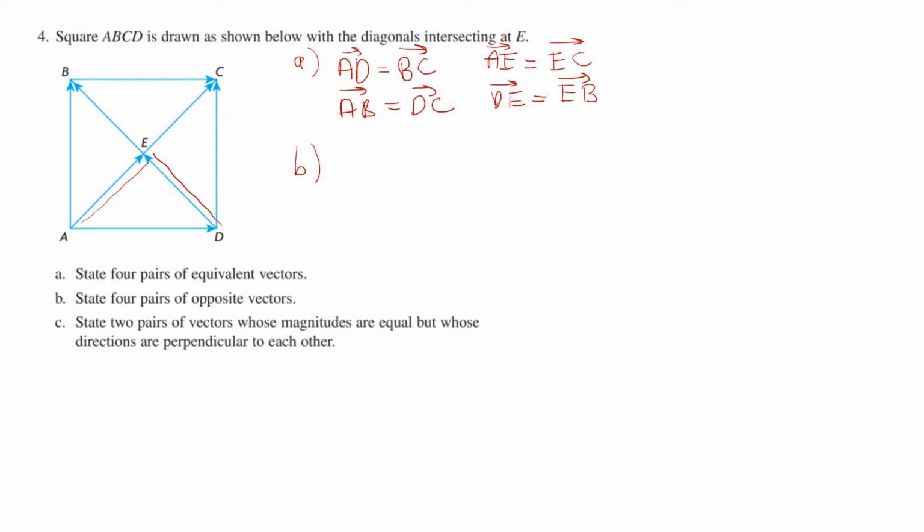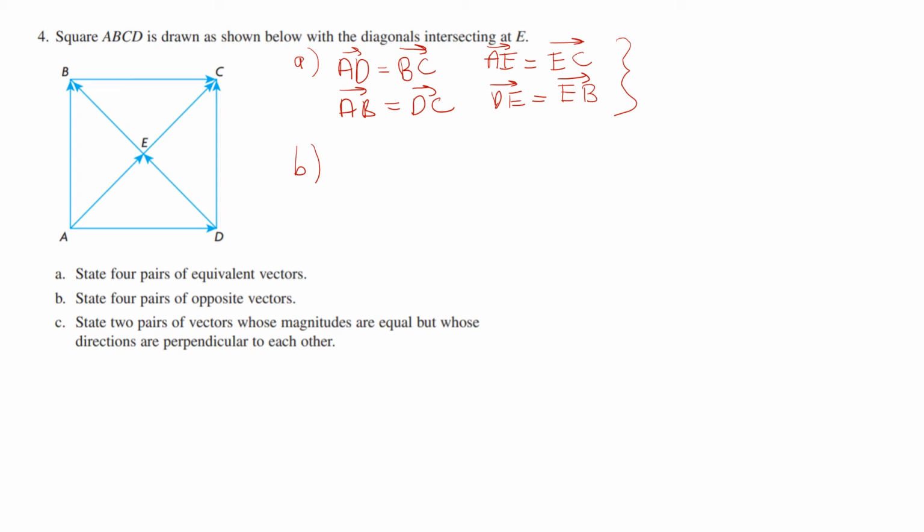I need them to go in the opposite directions, right? They all have the same magnitude right away. What I can do though is take the exact same things, the equivalent vectors, and switch one of them and make one of them the opposite vector by putting the negative sign in front. So just flipping them like I told you guys.